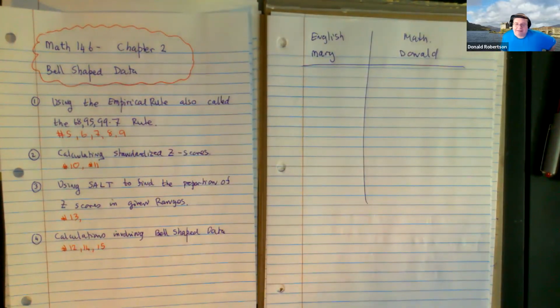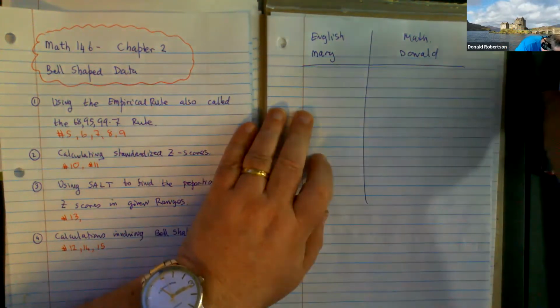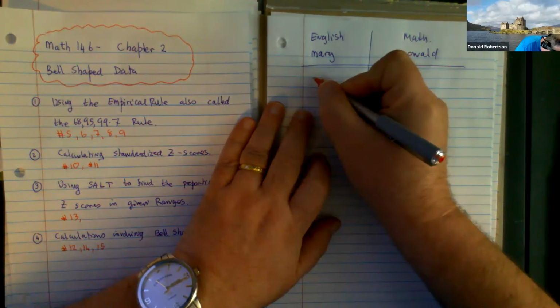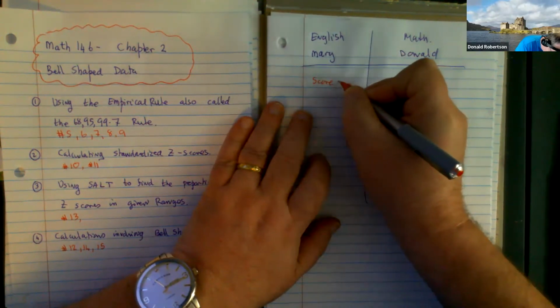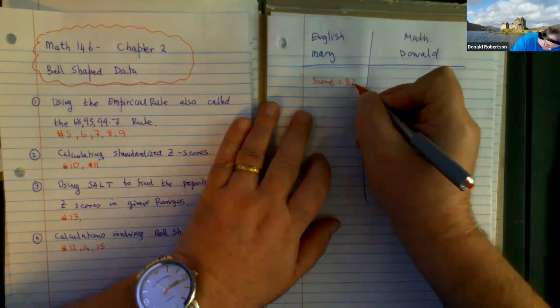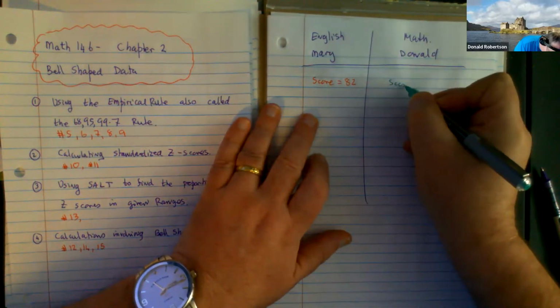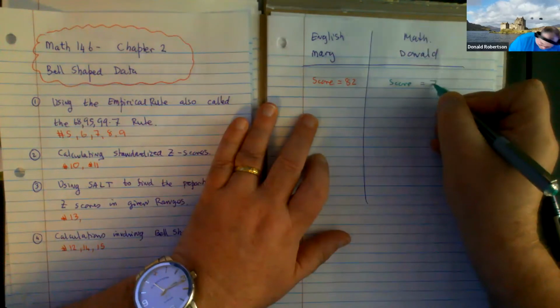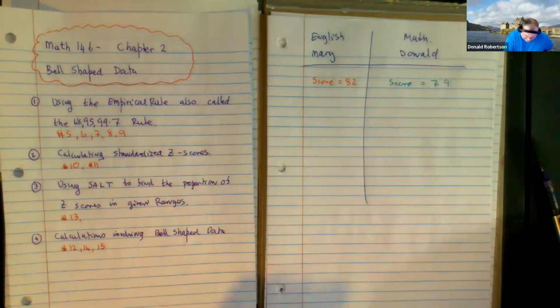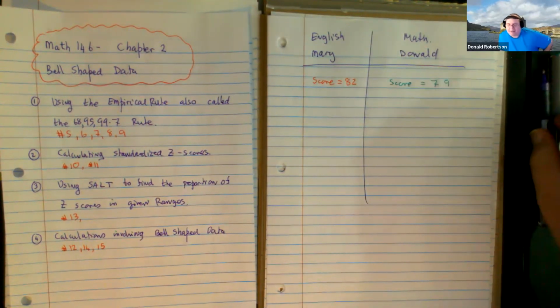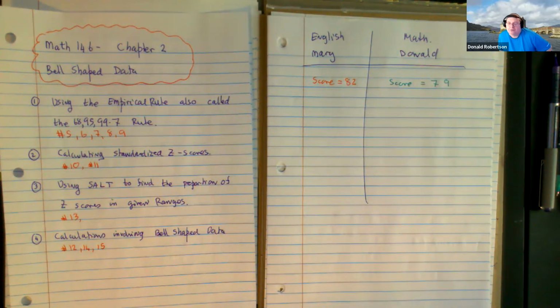And they did a test one day, and Mary came and said, "Hey, I got a score in my English test and it was 82." And Donald said, "Well, I got a math test and I got 79%."